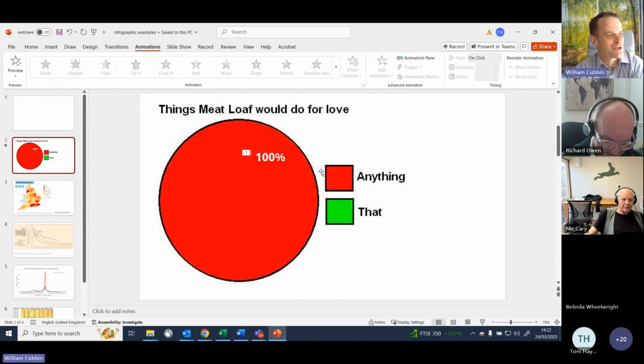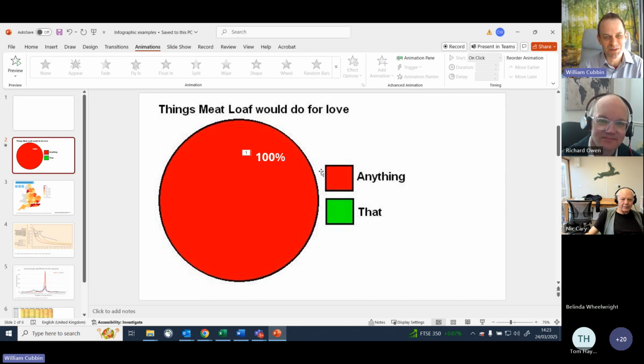So the first slide I want to show is very much a back to basics approach. Because I'm a bit of a nerd, I like collecting things on my phone that amuse me around data and visualization. I'm sure a few of you have seen this before. It's a meme that does the rounds. But I chose it because it fulfills one of the requirements of an infographic, in that it is very clear.